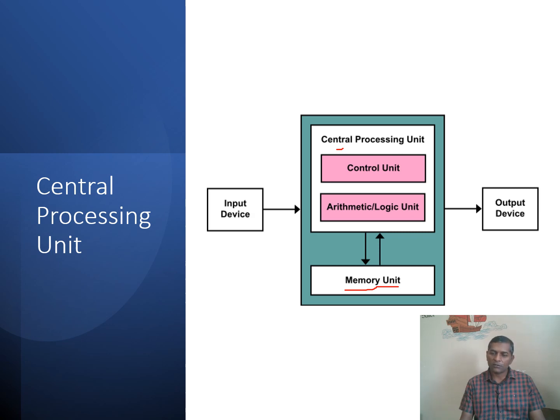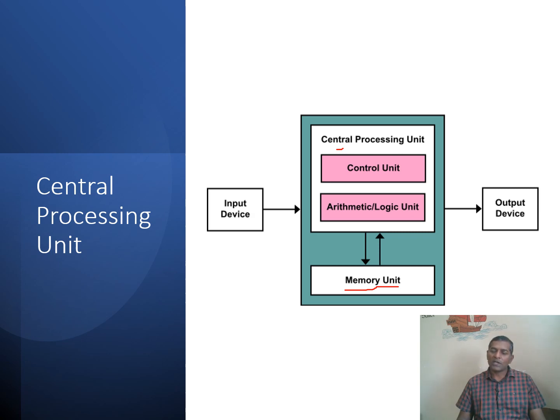If the information is for addition, the addition will be done. If it is subtraction, subtraction will be done. Under arithmetic, we have addition, subtraction, multiplication, division kind of operations, whereas in the logical unit, we have AND, OR, NAND, NOR kind of operations, which can be very easily executed in this particular unit known as the arithmetic and logical unit.